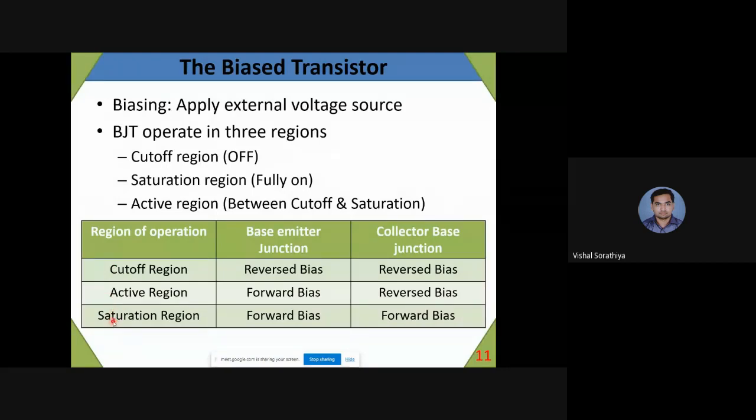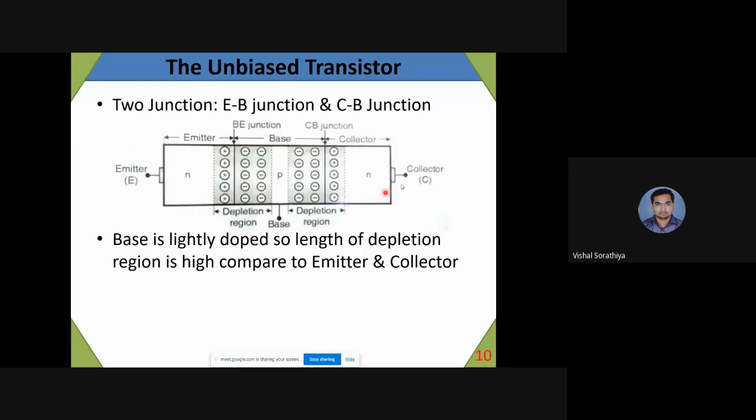Another case: if you make your emitter the common, then what are the power supply regions? Emitter base and collector emitter, so the base emitter junction and the collector emitter junction. Depending upon the power supply applied between them, it is considered either active, cutoff, or saturation.